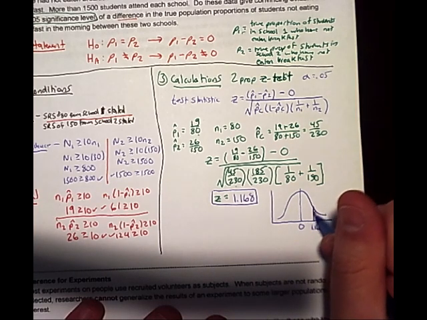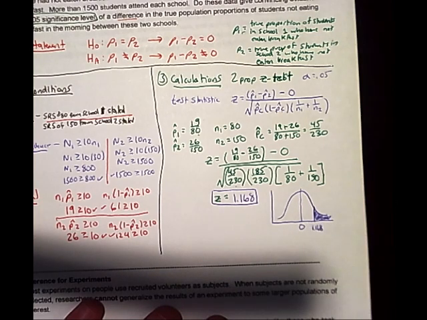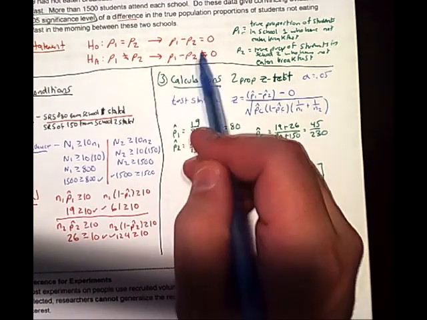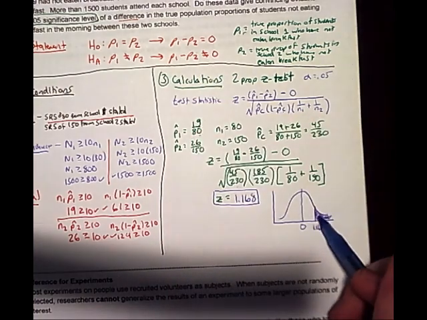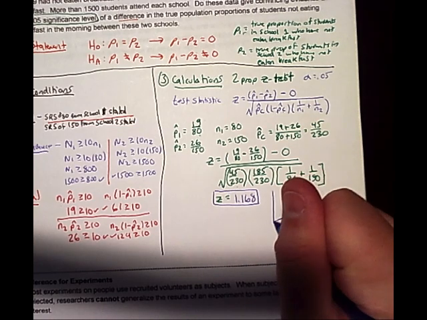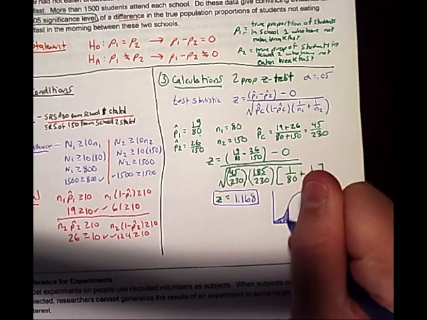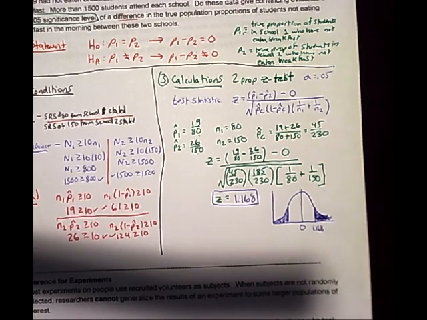If I can find this area, that's part of the p-value. However, this is a two-tailed test, so after you find that area, you've got to double it. So let's find this area first.